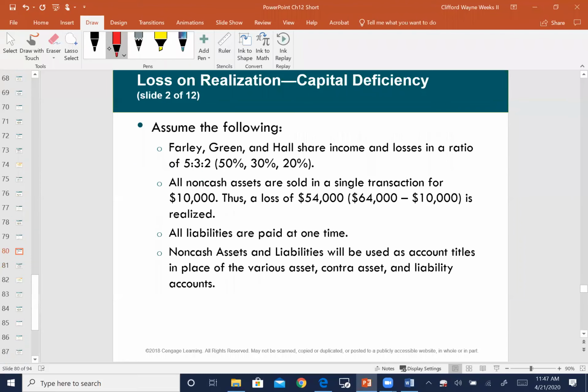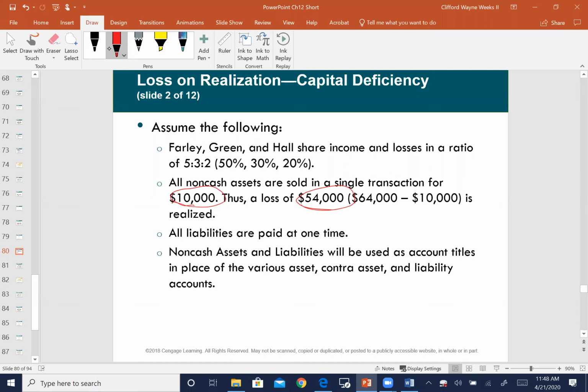So again, same owners, but this time we only sell for $10,000. Those assets of $64,000, we only sell for 10 grand. Why? Maybe because we really want to go our separate ways, and so it's a fire sale. So pennies on the dollar, we end up with a loss of 54.